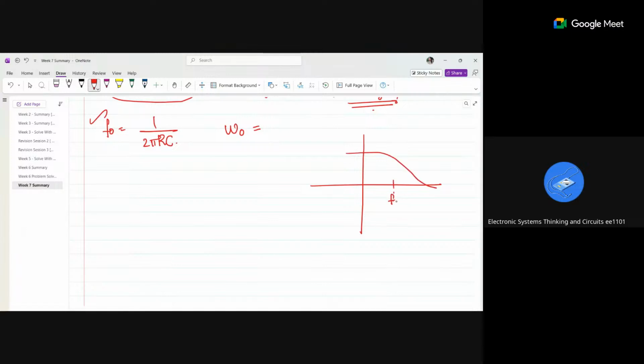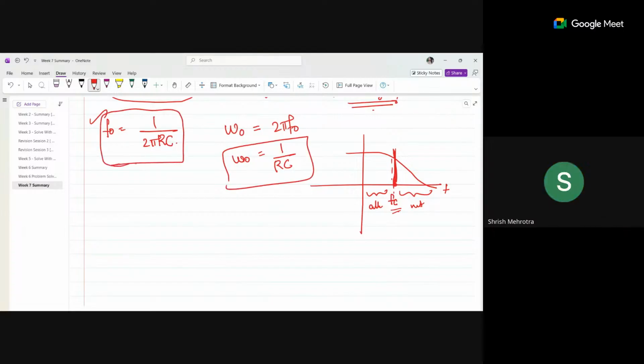This is my cutoff frequency, fc or f naught. Within this it will allow, after that it will not allow. It's a point below which it will allow, and after that it will not. That point we call the cutoff frequency. And omega is nothing but 2 pi f naught, right? So it's just 1 by RC.